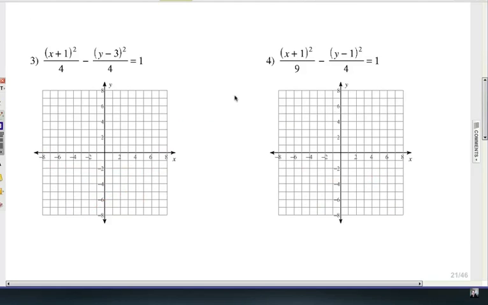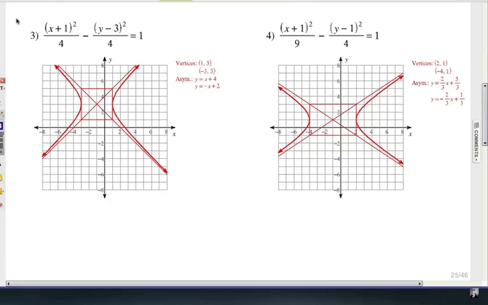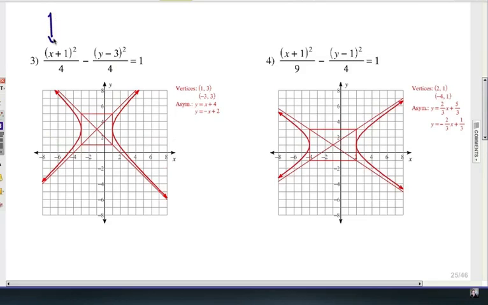Let's try a couple more. Look at 3 and 4 and see if you can graph them. Here's number 3, and let's watch the signs. x plus 1 is actually x minus negative 1. So you go back 1 from the origin, and this k value is a positive 3.